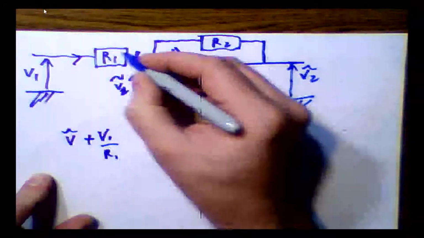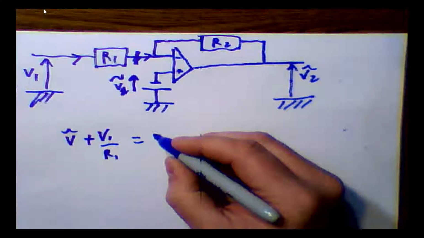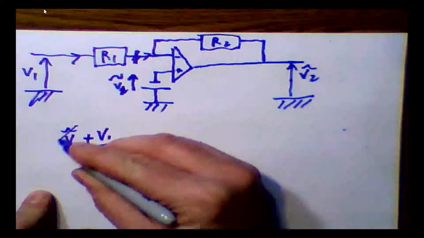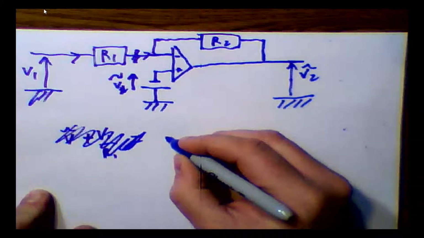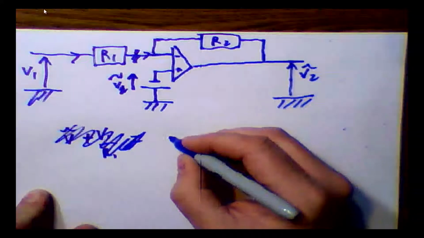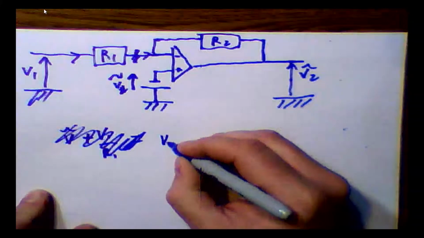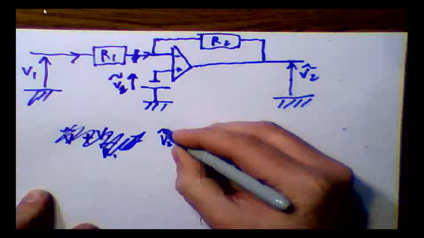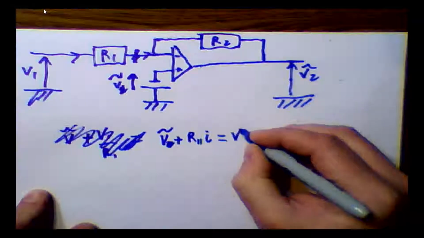The current is going to be satisfying V tilde plus R1 times I must be equal to V1.